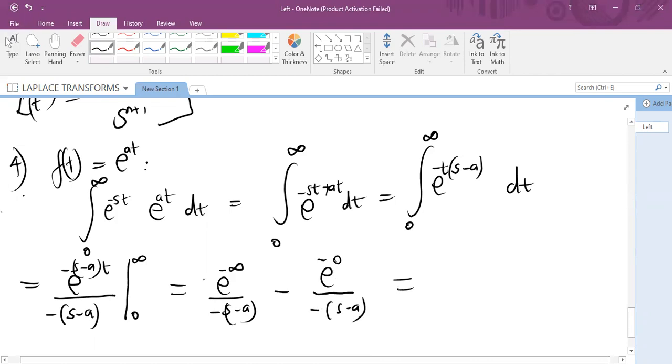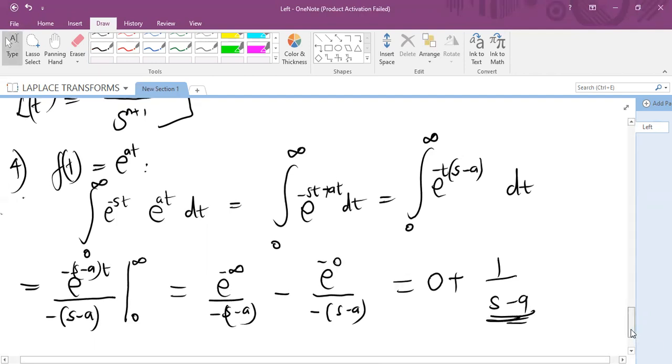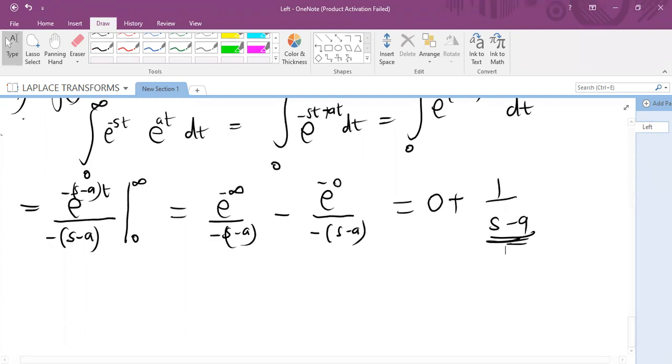So what does this translate to? Because of e^(-infinity), we will obviously have this as 0. Minus minus will give me a plus. e raised to power minus 0 is 1. So I will have 1 over (s minus a).